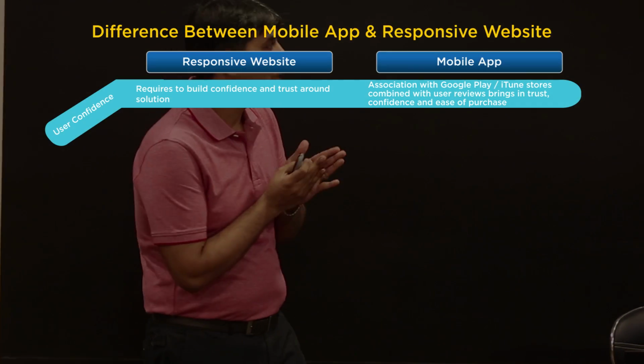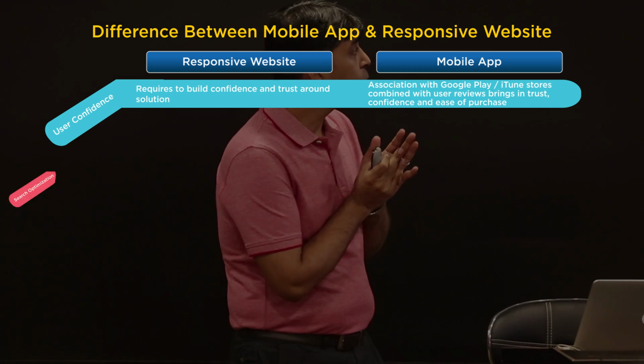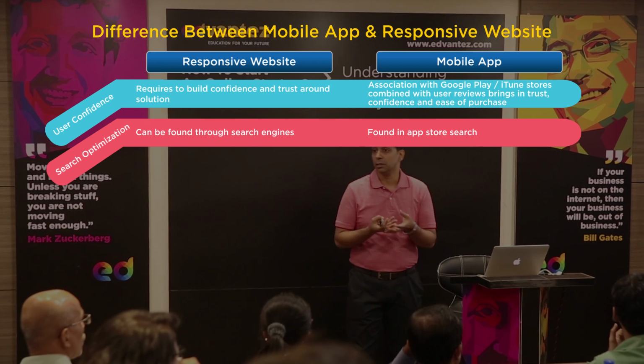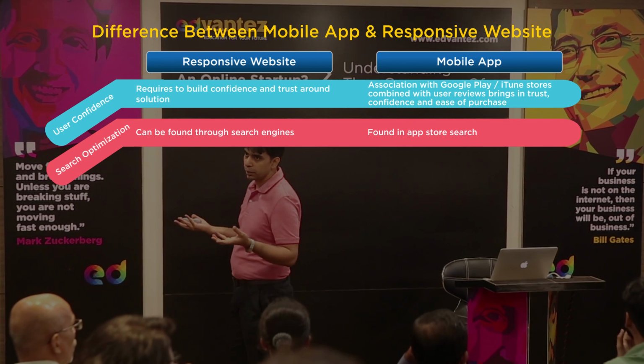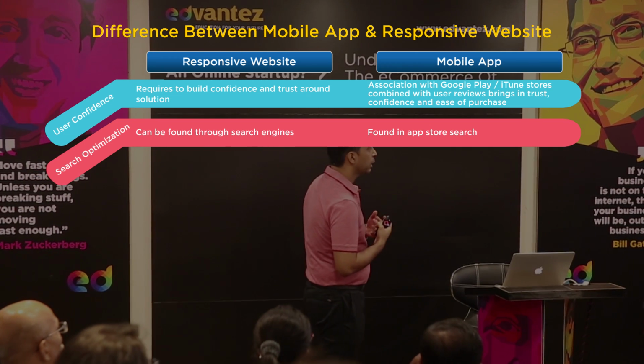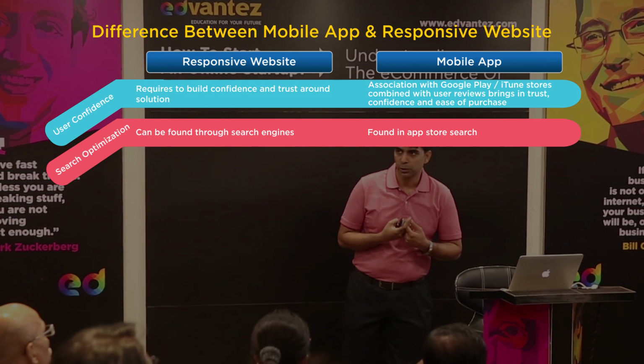Okay? Last few differences, and then we're done with responsive versus app. So when it comes to search engine optimization, right? Responsive websites are obviously searchable by all search engines because they exist on the internet. Mobile apps can only be found through app stores.